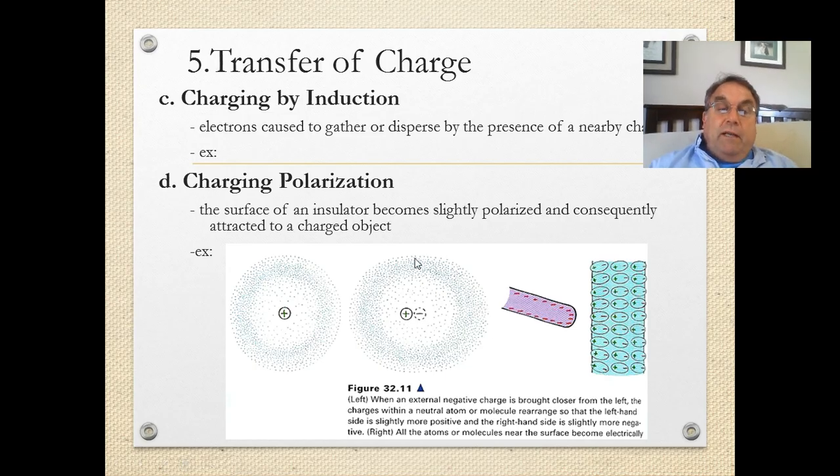So here's what's happening at the atomic level. The electron cloud is kind of being warped by the induction of the electric field. Okay, so then if you think in mass of all the atoms that are in that insulator, that same polarity is being induced.